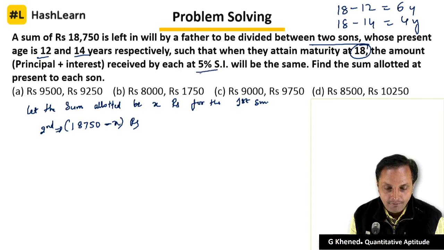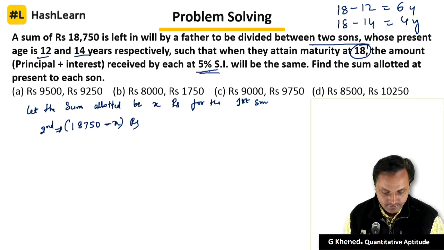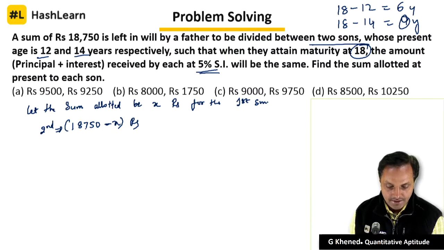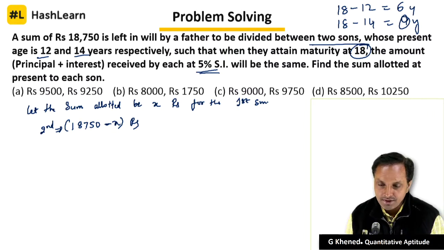They are at 5% rate of interest, and one is for 4 years, the other one is for 6 years. Which one is 6 years?